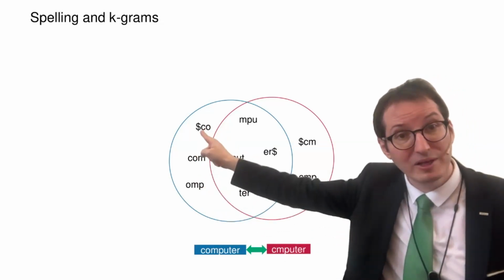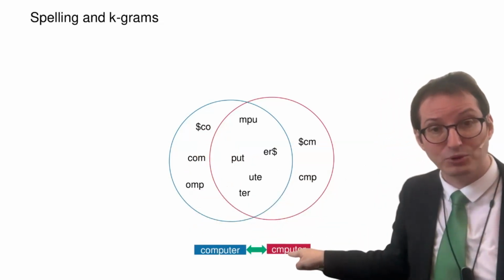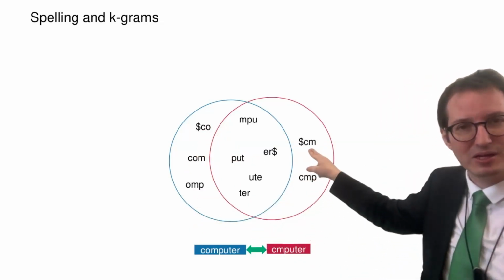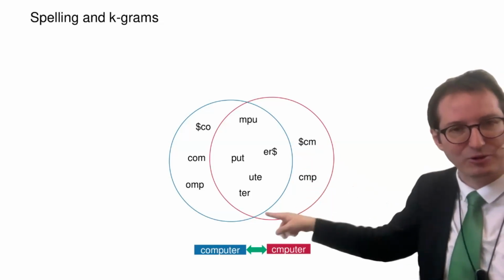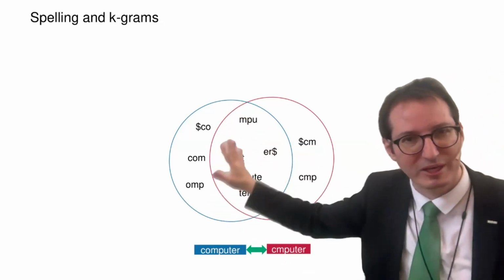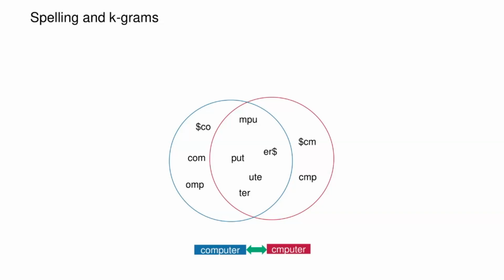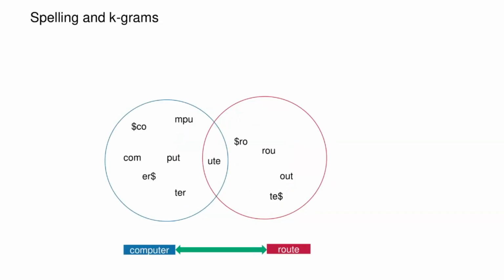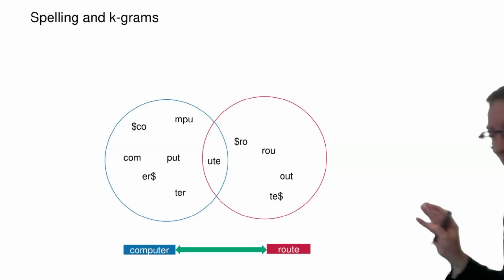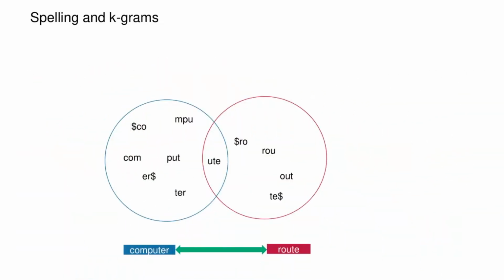These are the ones that are only in computer, but not in the misspelled word. And these are the ones that have a mistake that are not in computer. And so we are interested in looking at how large the intersection of the Venn diagram is. So that's another example of words that have absolutely nothing to do with each other, computer and root. And you can see here the number of k-grams in the intersection is very small.